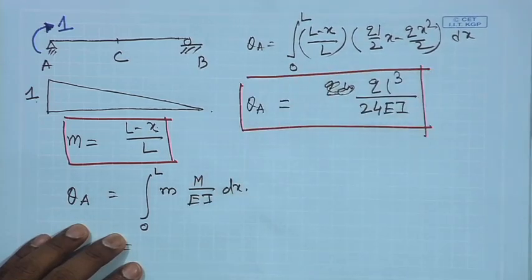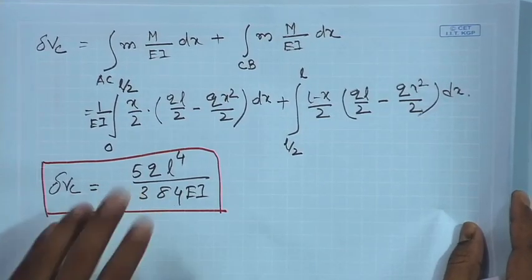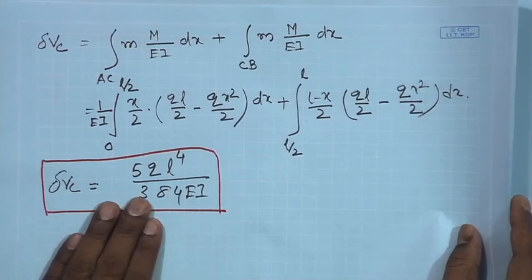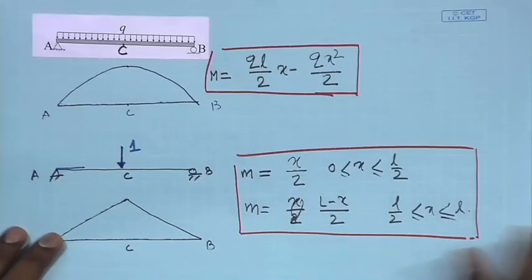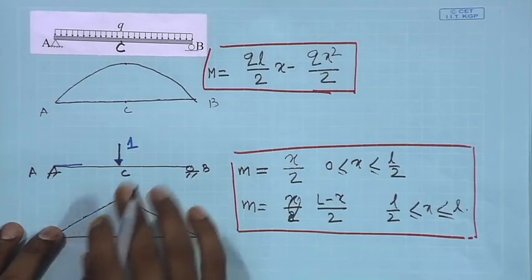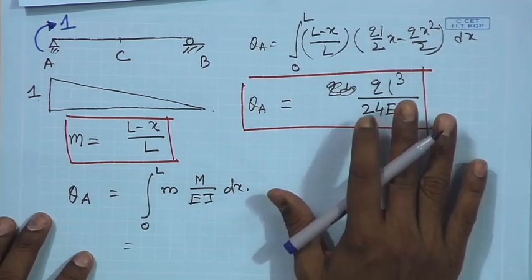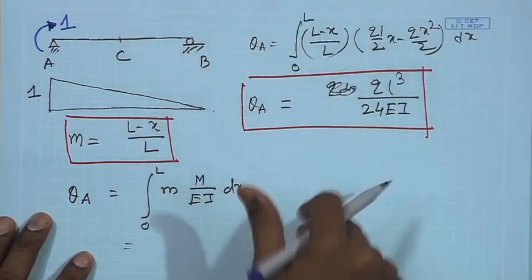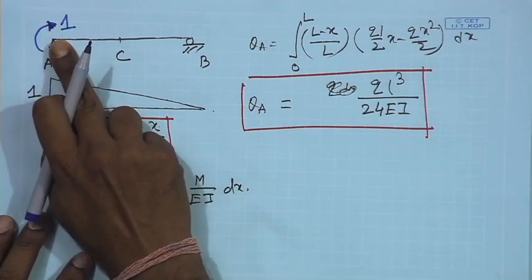Okay. Now, since delta C is positive, it means the deflection is in the direction of the applied unit load. The direction of the applied unit load is downward, so your deflection is downward. Similarly, theta A is positive, which means that the rotation at A is in the direction of the applied unit moment.